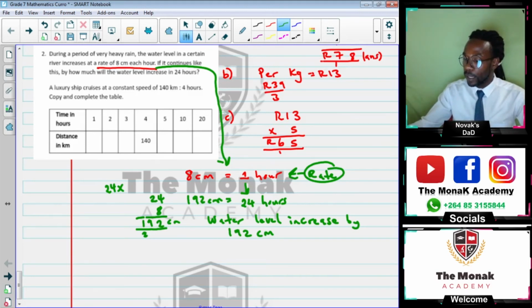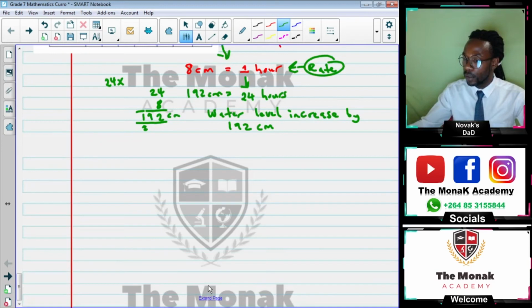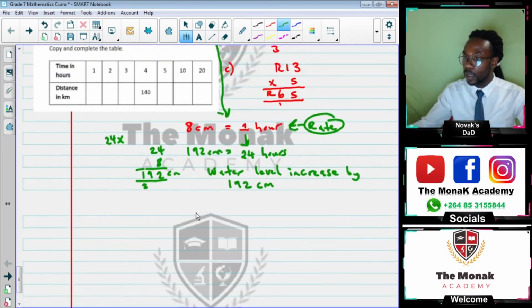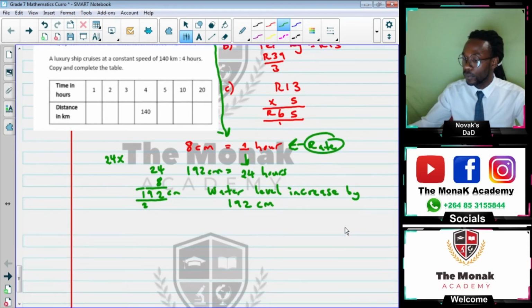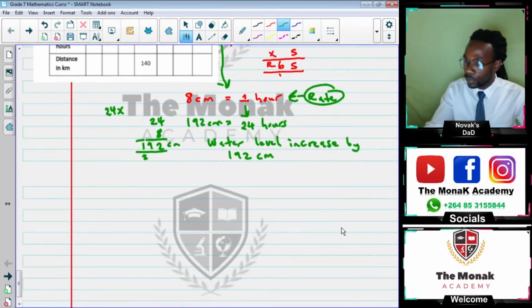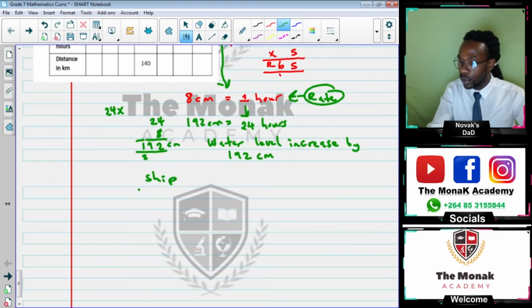Let's see if we can apply that same reasoning. It says a luxury ship cruises at a constant speed of 140 kilometers in 4 hours. So we are dealing with a ship now.